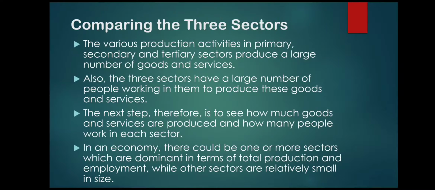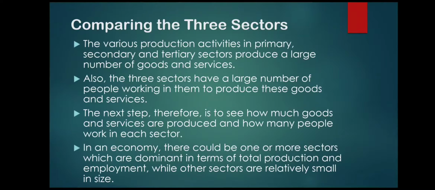In an economy, there could be one or more sectors which are dominant in terms of total production and employment, while other sectors are relatively small in size. So in an economy, there is always one sector which is more dominant as compared to other sectors.